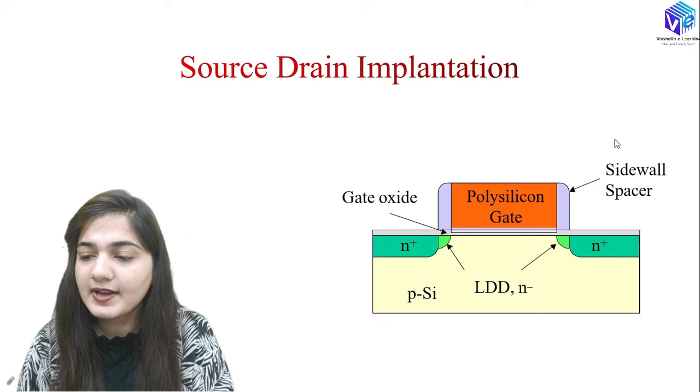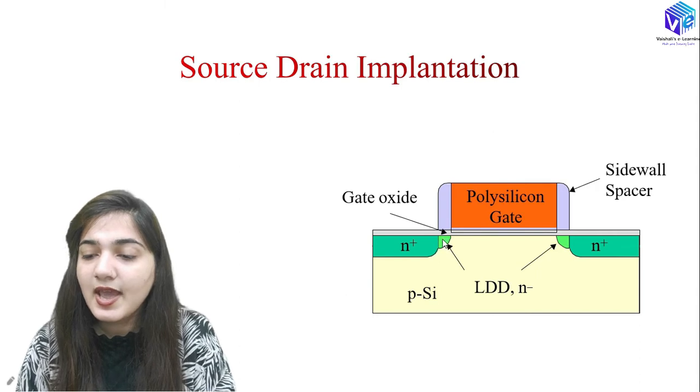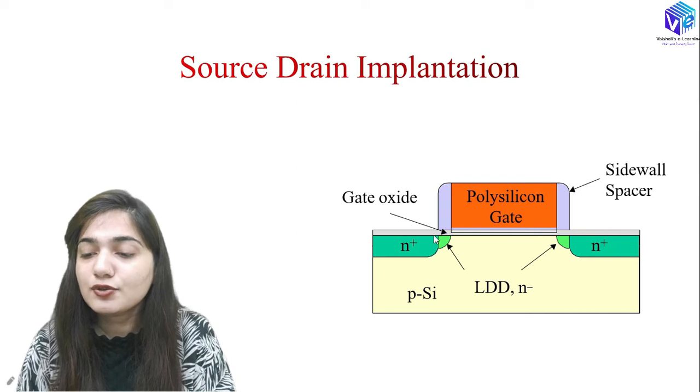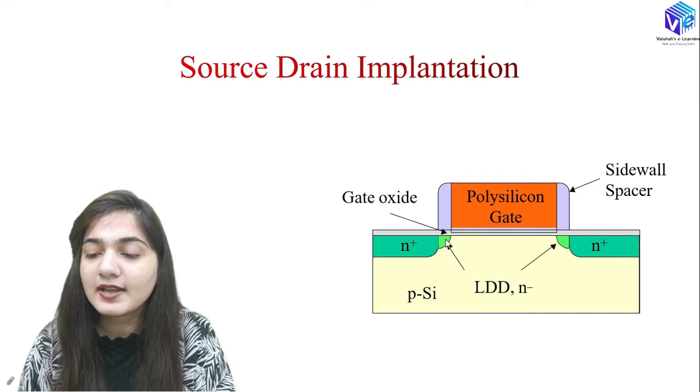With the help of high temperature we can have here the source and drain implantation, and you can see at this position we will be having the lightly doped drain, but at this position we will be having a highly doped source and highly doped drain. So you can see at this position I can remove the hot tunneling effect with the help of the lightly doped drain.